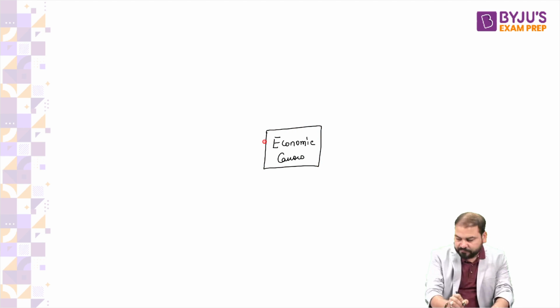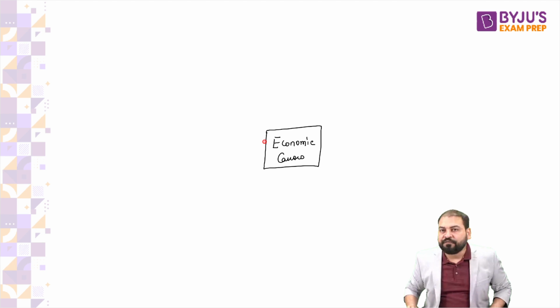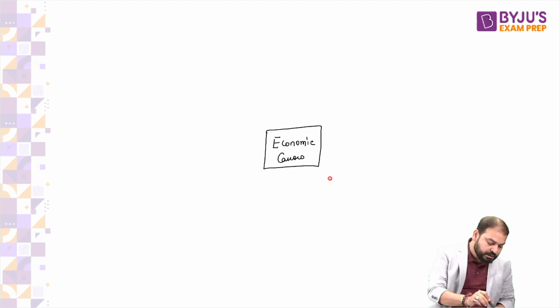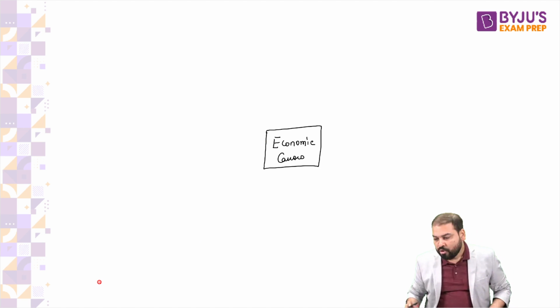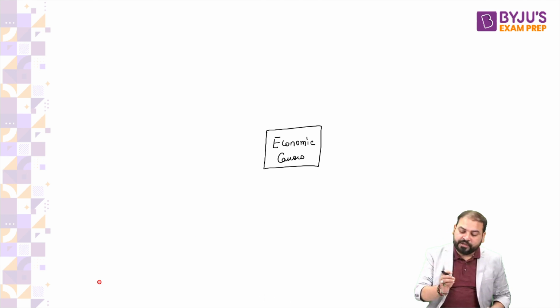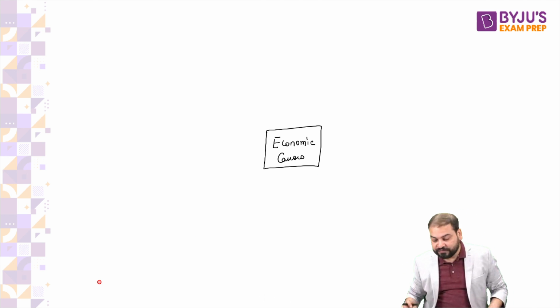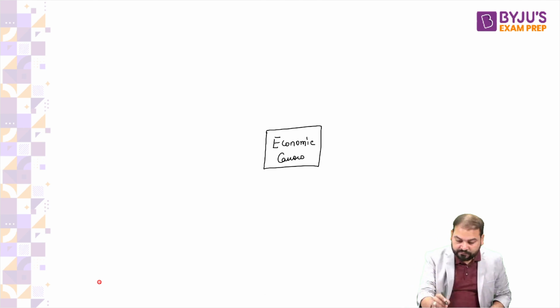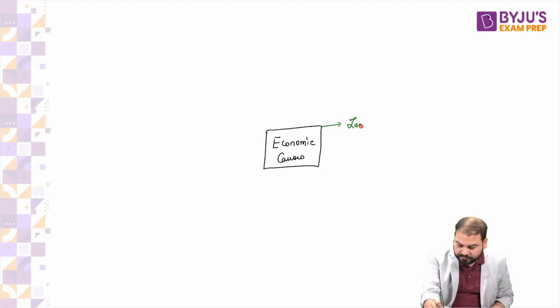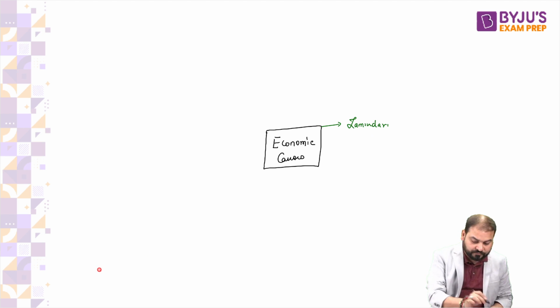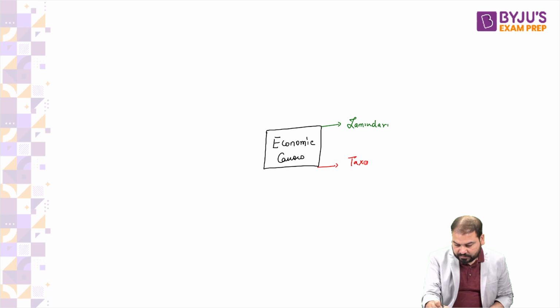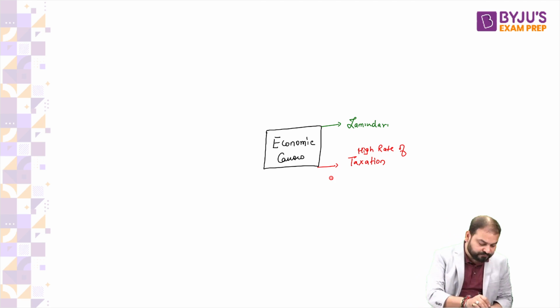Those who attended the 5th and 6th module, Economic History of India, think what all could be the economic causes for the revolt of 1857. Vetri says Zamindari system. Anjali says high rate of taxation.